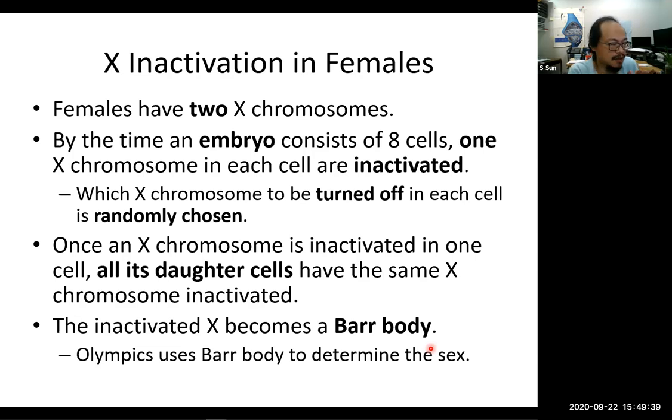This is a technique that the Olympics used to determine the sex of athletes. We cannot just check if he has a penis or not, right? It's unreasonable to check that. So the more humane way is to get the skin and check if it contains the Barr body, then we know that, okay, this is female.